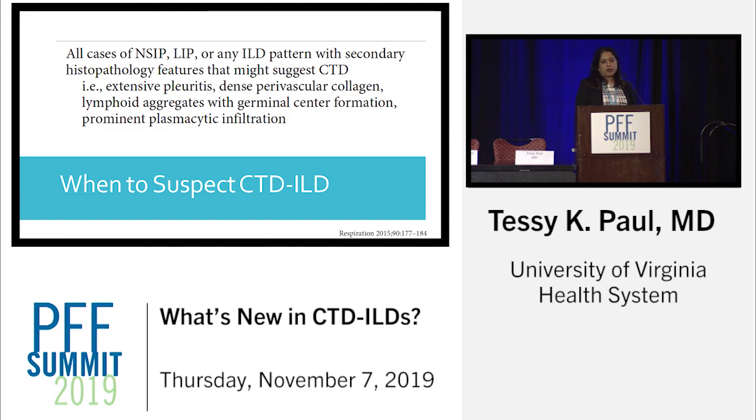So with regards to considering CTD in your differential, all cases of NSIP, LIP, or any other ILD pattern with secondary histopathological features that might suggest CTD, such as extensive pleuritis, dense perivascular collagen, lymphoid aggregates with germinal center formation, and prominent plasmacytic infiltration, should clue you into thinking about an underlying CTD diagnosis.